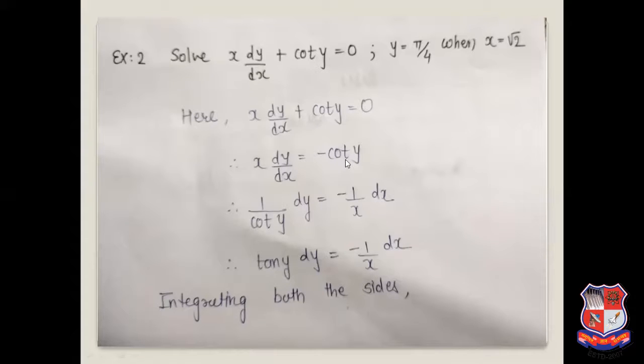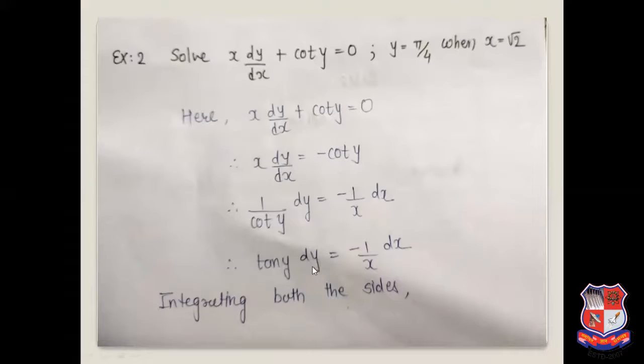Now write the variable y with dy and the variable x with dx. So we get 1 upon cot y dy equals minus 1 upon x dx. We know 1 upon cot y is tan y, so tan y dy equals minus 1 upon x dx.